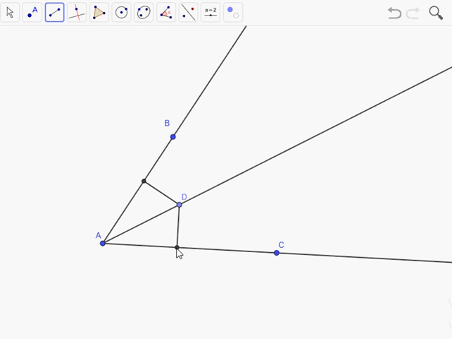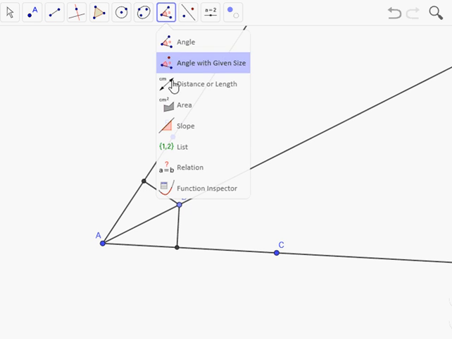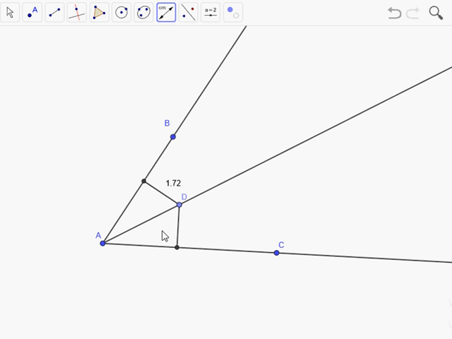All right, so the distance from point D to ray AB and ray AC, which are the sides of the angle, that distance is the length of these perpendicular segments. And if I measure that length, we can see that for both of them, that length is the same.